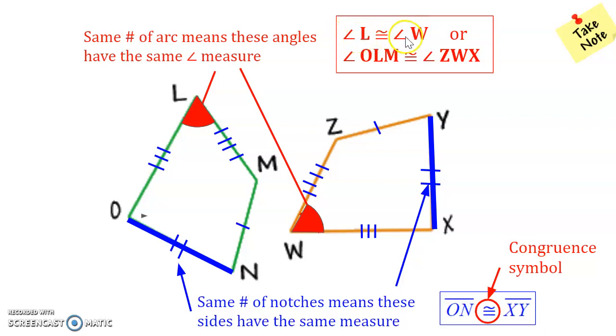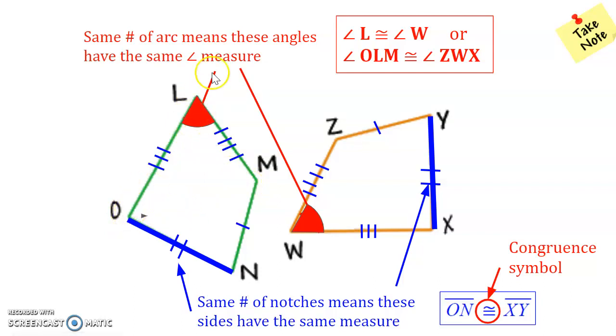So angle L is congruent to angle W, or we can use three letters to refer to an angle as well. When you're talking about angles, you can either use one letter or three letters. Sometimes you have to use three letters, but since the only angle L that you could possibly mean is this one, we don't have to use three letters. But to be more precise, we can use three letters. We can say angle OLM.